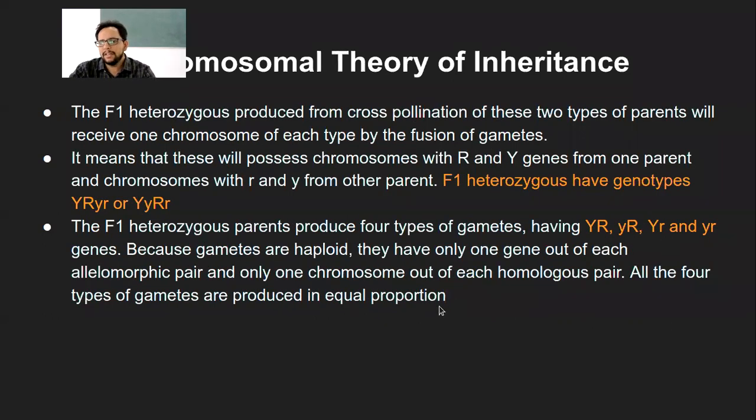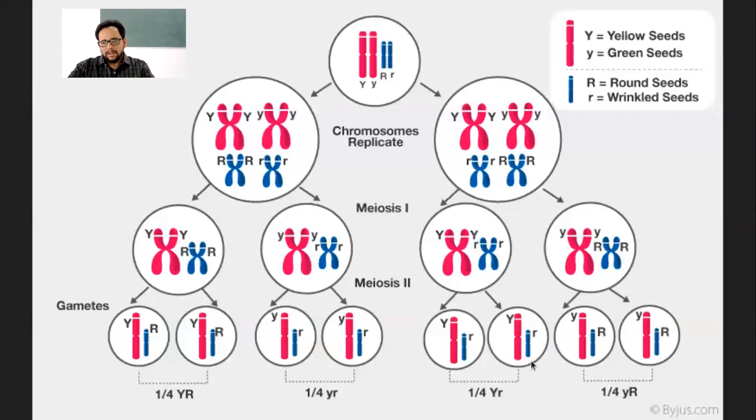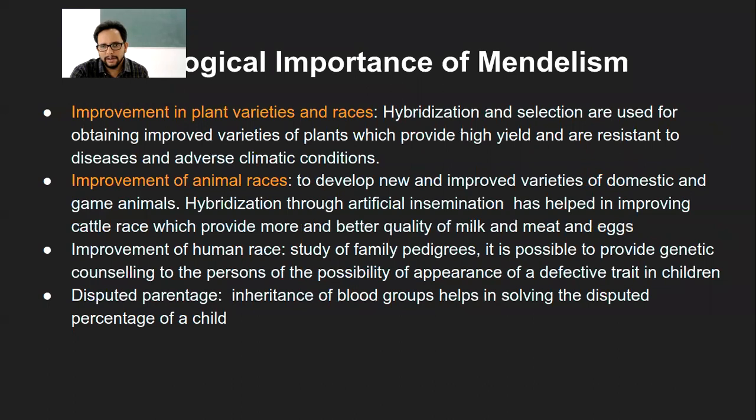It's nothing but the same F1 hybrid that we had taken, heterozygous dihybrid cross, and then showing the gamete formation process. And they are just mentioning the stages of meiosis 1 and meiosis 2, that is the final gamete formation. Okay, so I assume this part is clear.